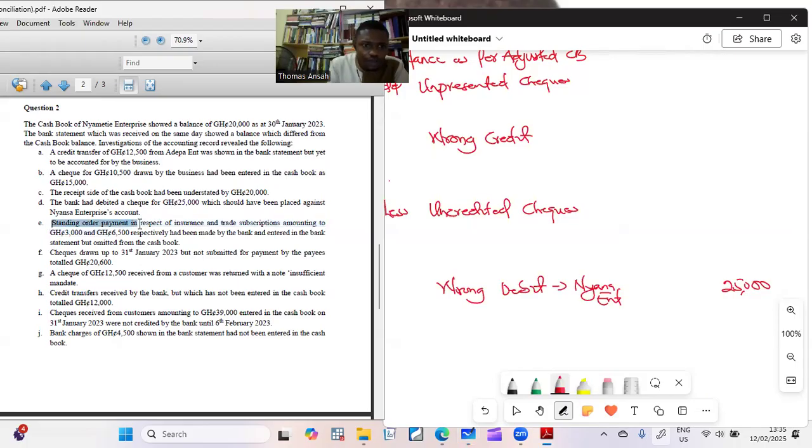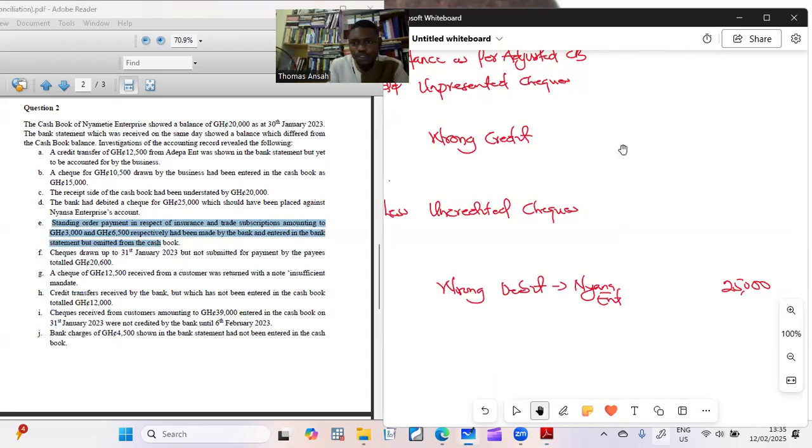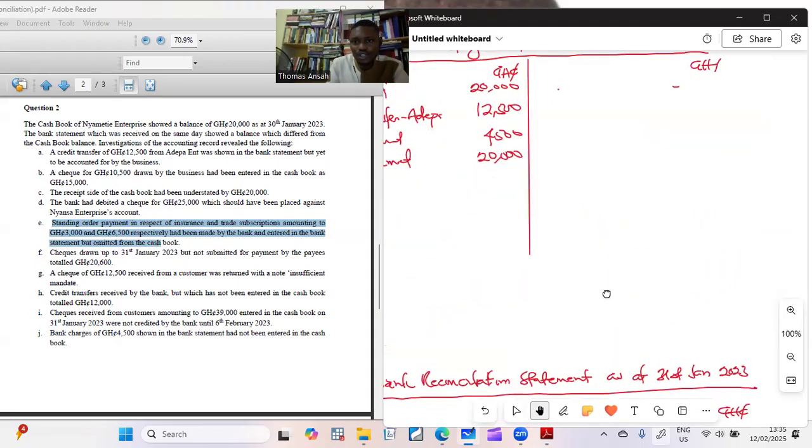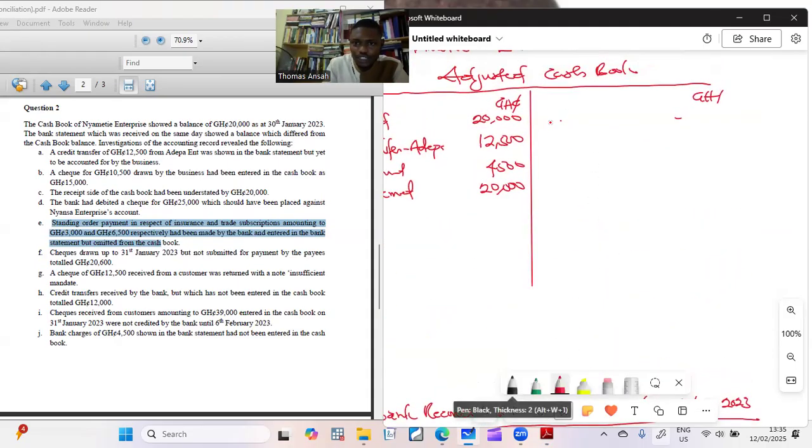This one says standing order payments in respect of insurance and trade subscription, amounting to 3,000 and 6,500 respectively, have been made by the bank and entered in the bank statement but omitted from the cash book. Standing orders, straight up. We have not done it. The bank has debited us, so we need to credit our books.